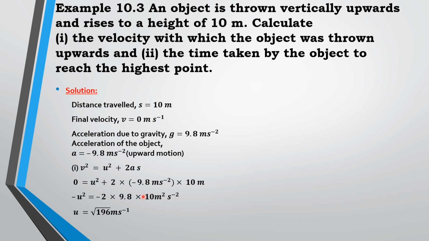So root of 2 into 9.8 into 10, which is 196. So it's root, which gives the value of u as 14 meter per second.